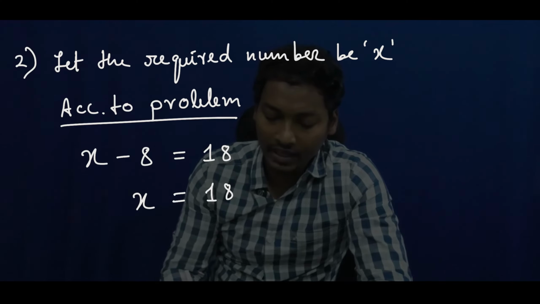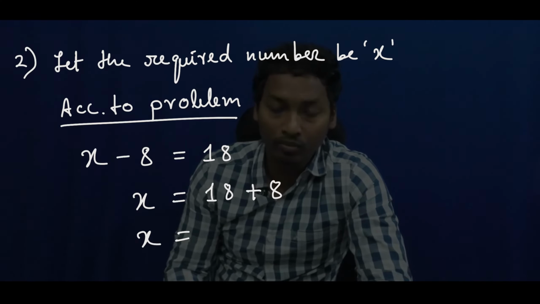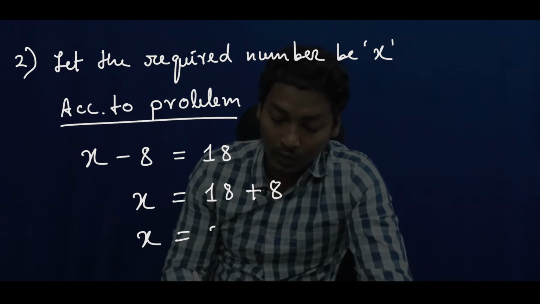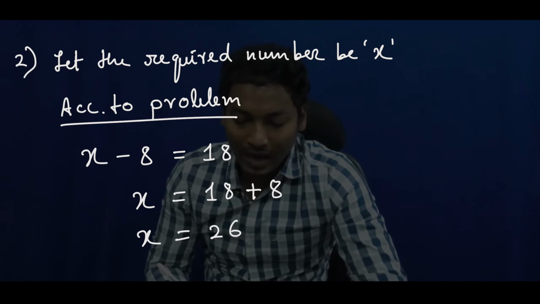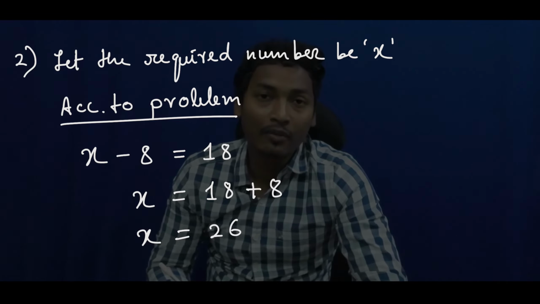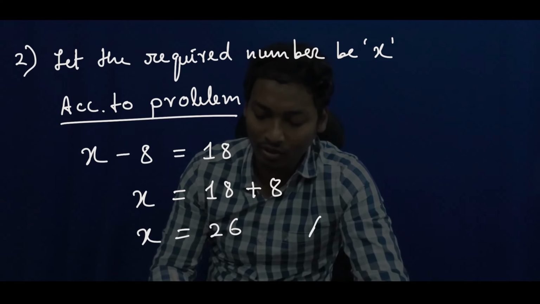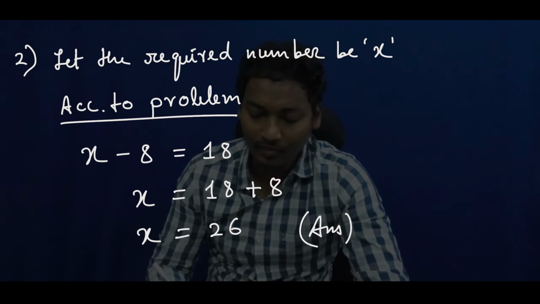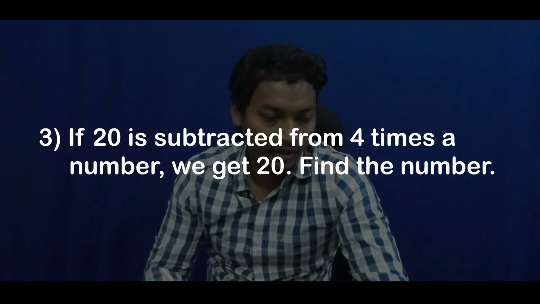So negative 8, we're going to write as positive 8 on the other side, and x will be equal to 26. So the value of that unknown number from which we have to subtract 8 to get 18 is 26. So this will be your answer. Easy. Let's take the next question.